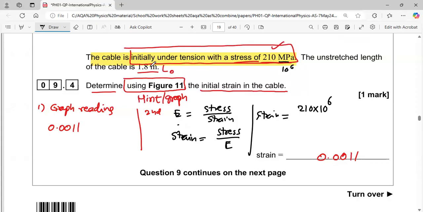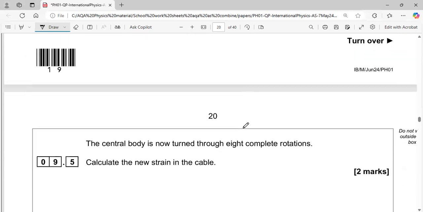And then you have to look for the Young modulus, which you have already calculated over there. It was around 200 gigapascal. So 200 into 10 raised to the power 9. You can use 200 or you can use 188, whatever it came out to be. You can use both of them and you can get your answer. So these are the two ways. I will prefer graph reading because that is simple. You simply read and you simply tell the answer.